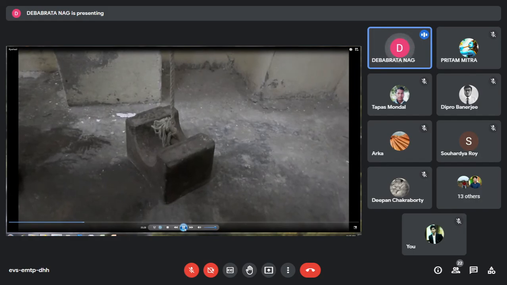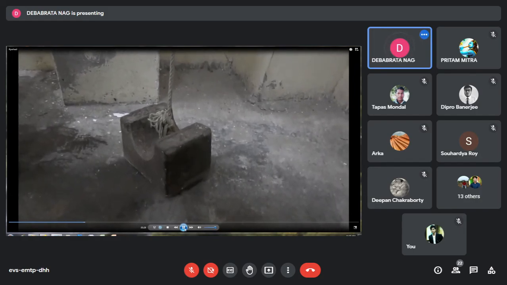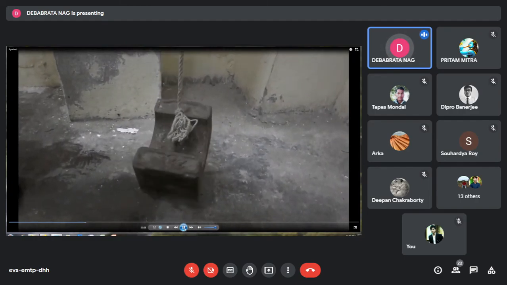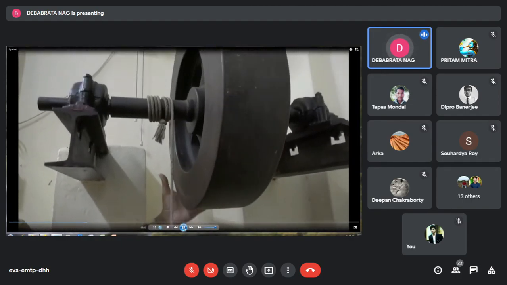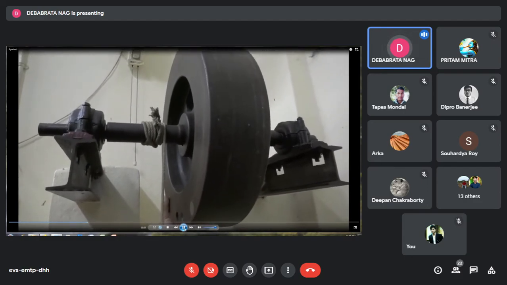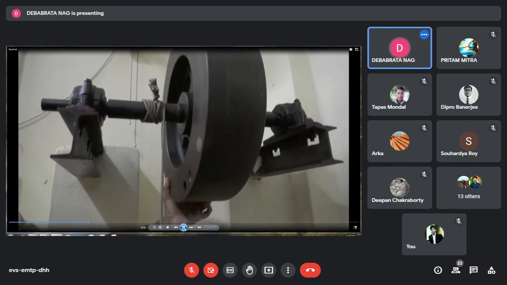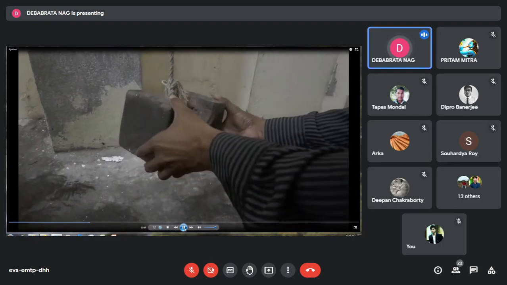This mass is the falling mass. We raise the mass up to a predefined height by winding this wire around the shaft, and then this mass is allowed to fall to the floor from that predefined height.